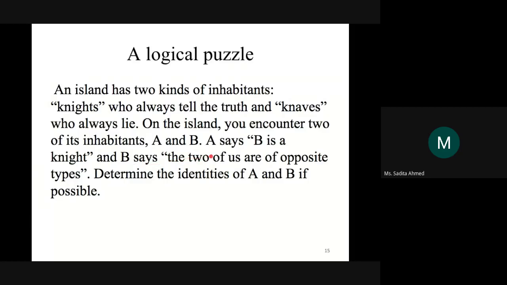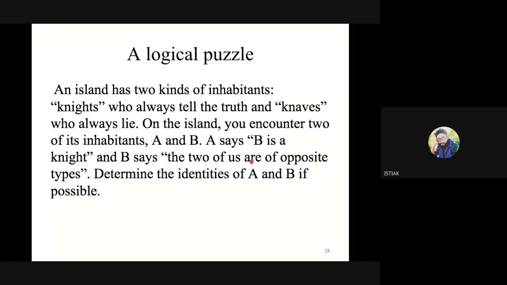So what B is saying is false, right? If what B is saying is false, then the two of them are not of opposite types. Then which statement will be true? The opposite of this statement. What is the opposite? That is, the two of us are of the same type.